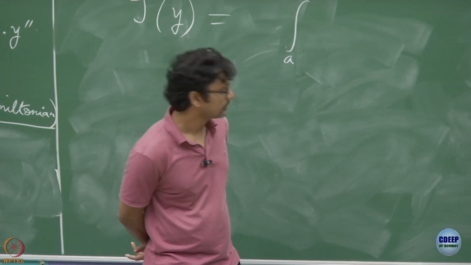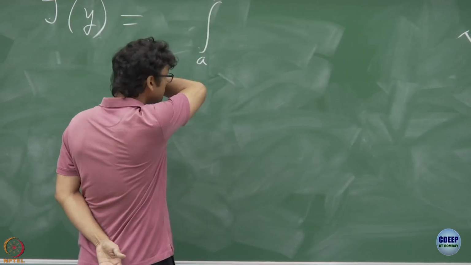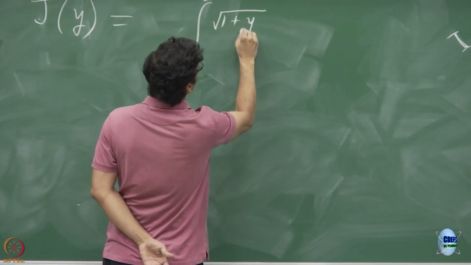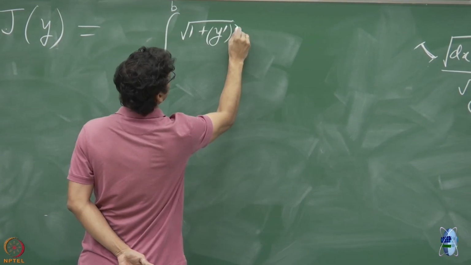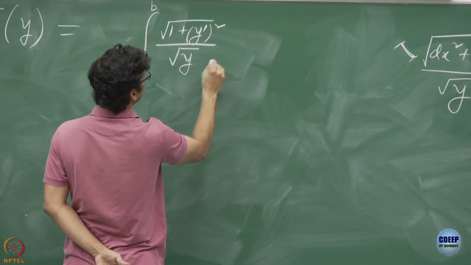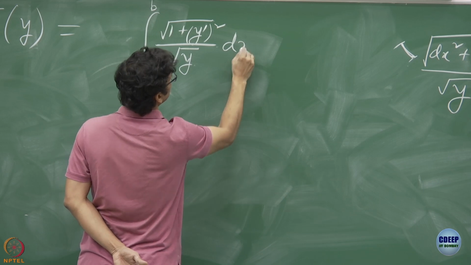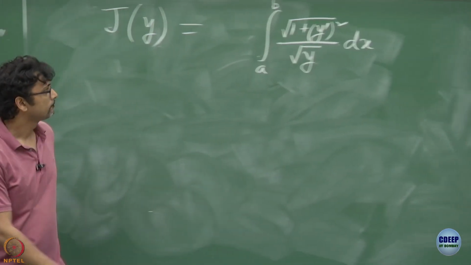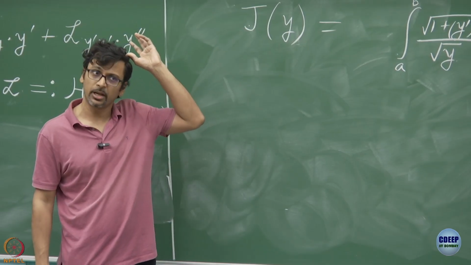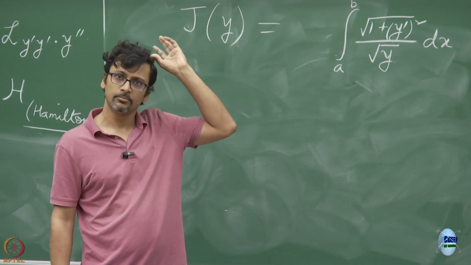So essentially what you had here was square root of 1 plus y prime squared divided by square root of y, dx. Yes, this is what we were required to minimize in the Brachistochrone problem.